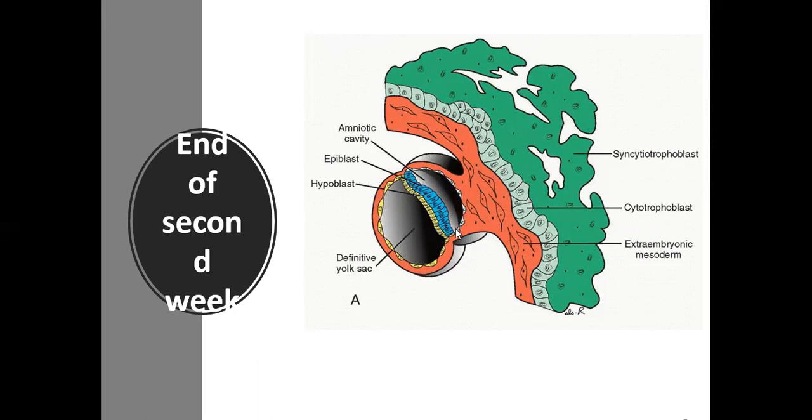Then there was also formation of the extra embryonic coelom, which divided the extra embryonic mesoderm into the somatopleuric and the splanchnopleuric mesoderm. So these were the major events occurring by the end of the second week of intrauterine life. So we have bilaminar germ disc.